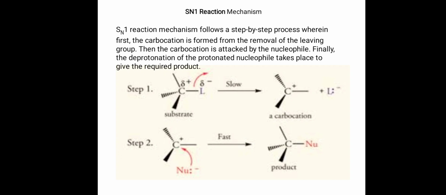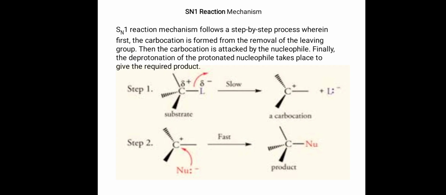In step 1, L means the leaving group. Generally the leaving groups are electronegative atoms or groups. The leaving group leaves with the bonding electrons, so the carbon carries a positive charge.